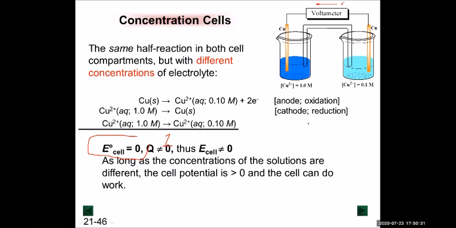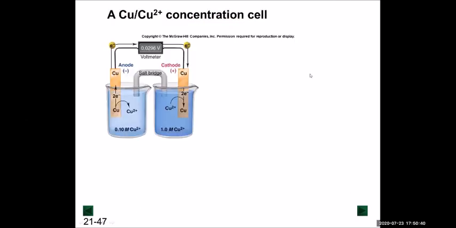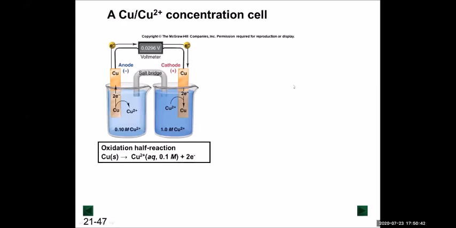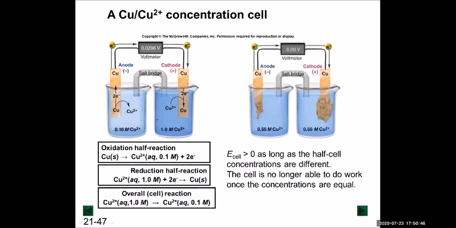And as a result, because the cell potential is not 0, there's a net reaction between these two. So we start with one side dilute and the other side more concentrated, and there will be net reactions.